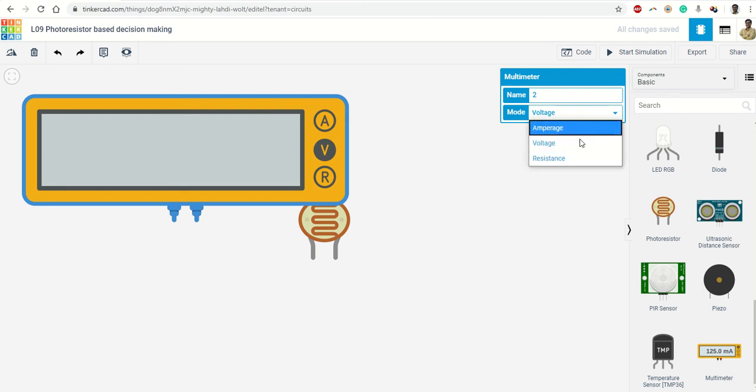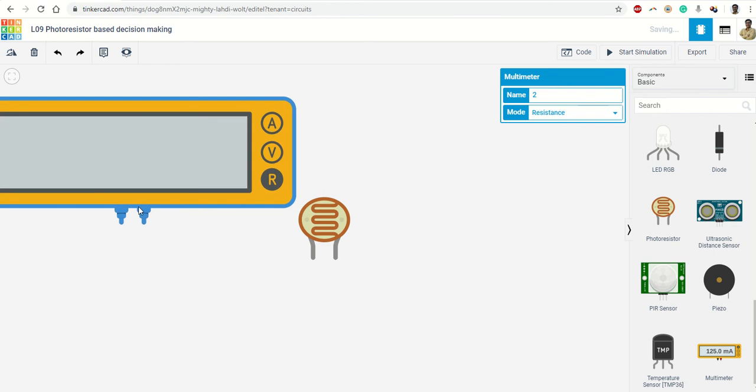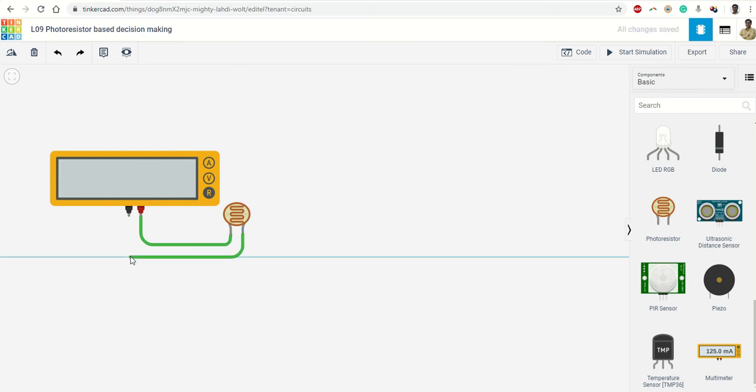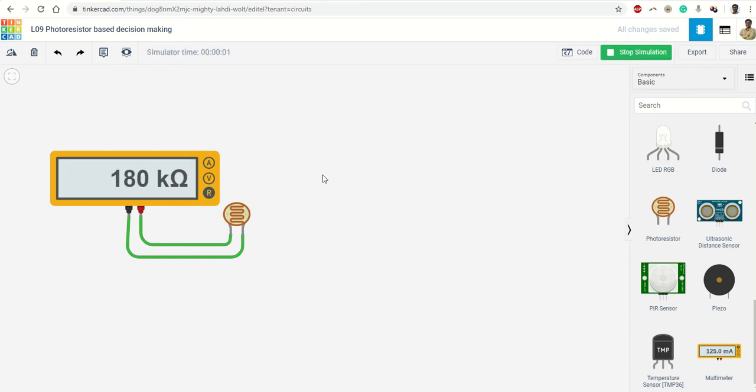So I need to change the mode to resistance, and you can connect any terminal to the multimeter and photoresistor. So the connections are done and we start the simulation, and we can see that it's showing 180 kilo ohm.